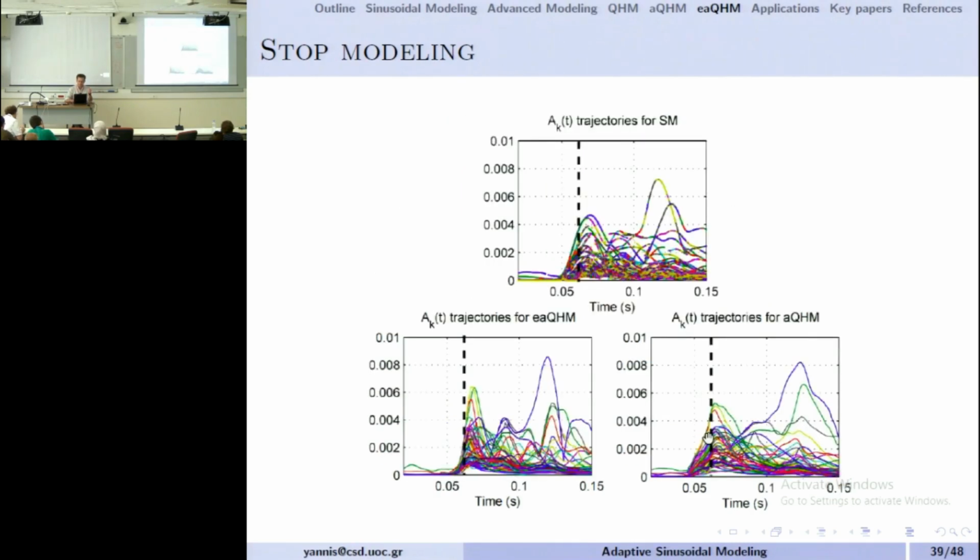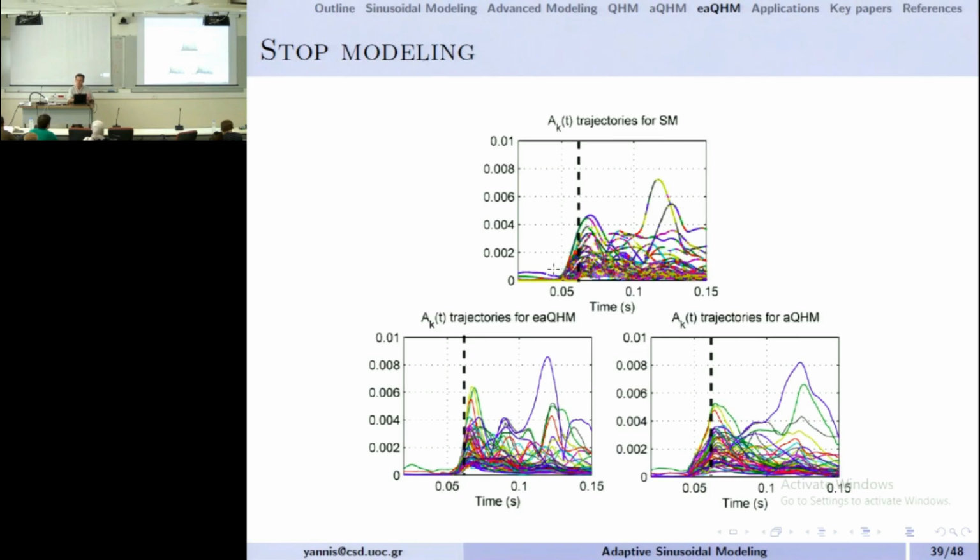Why is it like that? Because if we now plot each individual trajectory of the frequency components, for the sinusoidal model we see that this is the release time. This is the dashed line. It labels the release time of T. So you have many components before.